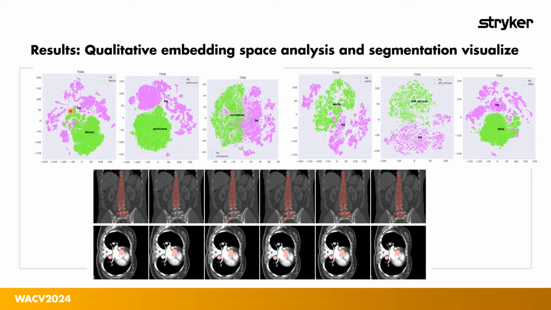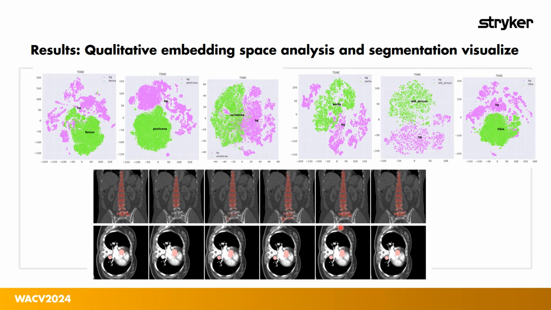You see, in most cases, luckily, the SAM embeddings are pretty okay in separating the target object from the background. For the vertebrae, the spine here, there's a little bit of confusion, but you still see a cluster forming for the spine or for the background in the image dataset.